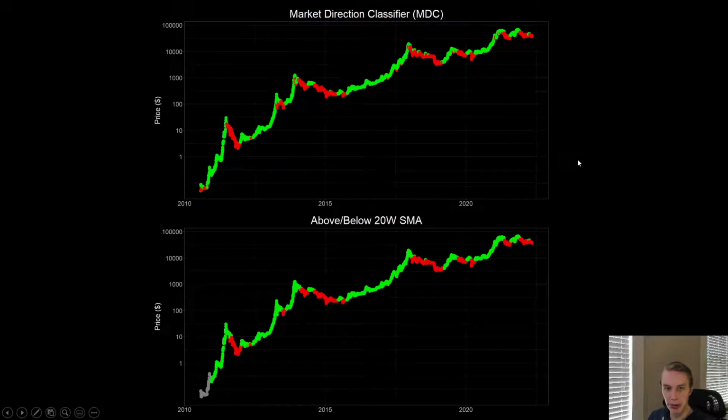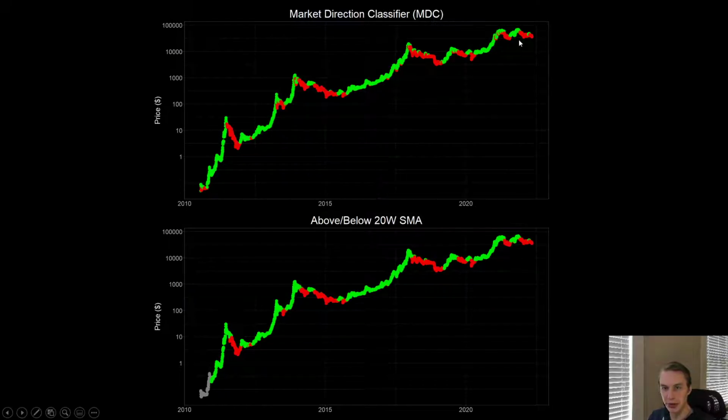And so just to show the two against each other, here's the market direction classifier up at the top, and the simple 20-week down here at the bottom. You can see how the MDC, market direction classifier, flips red way more quickly coming off of these tops than the 20-week does coming down here. And it's also flipping red here faster than here.